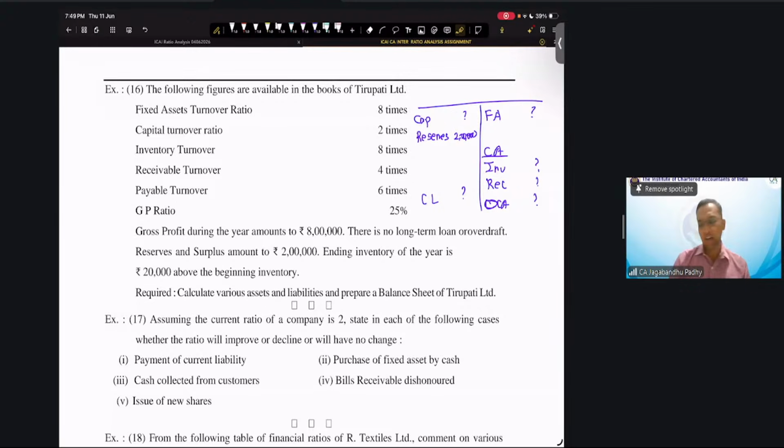Or if it says net assets, then it will be total assets minus current liabilities. Also for receivables and payable turnover, what we have to take into the denominator: for receivables, sales goes in the numerator, and for payables, purchases go in the numerator. In the denominator, it will be the value of receivables and the value of payables.